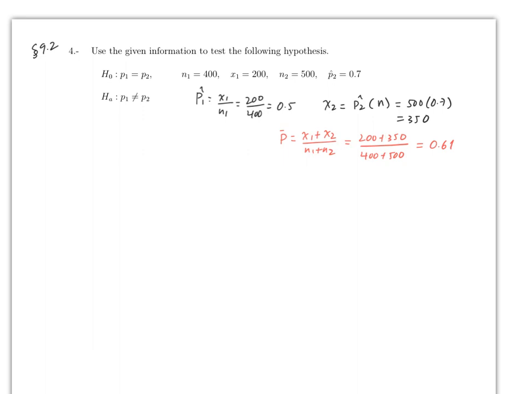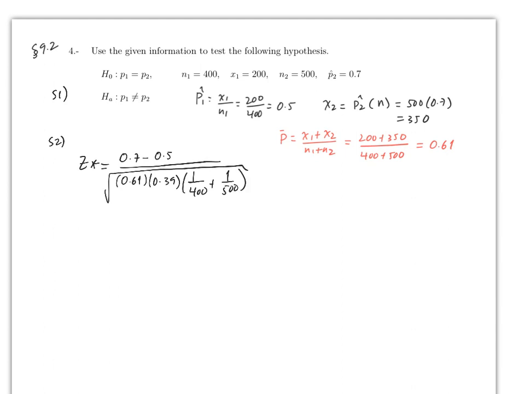You don't want to go through the whole computation. But if you do, this is how you find step 2. Z star is equal to 0.7 minus 0.5 over the square root of 0.61 times 0.39, times 1 over 400 plus 1 over 500, take the square root.